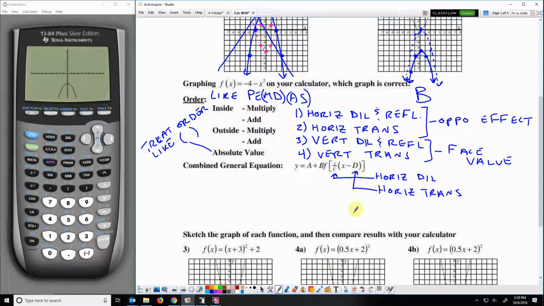Right there, opposite the sign. The third thing is a vertical dilation. So you're moving outside and looking for multiplication right there. And the last thing is vertical translation. And that's adding or subtracting a number outside of the function.